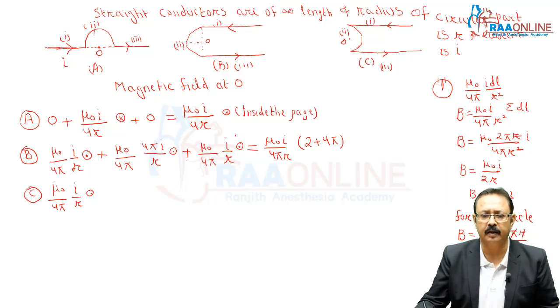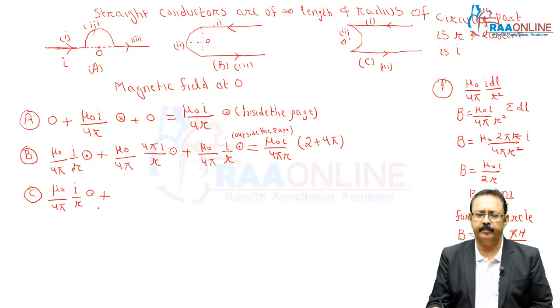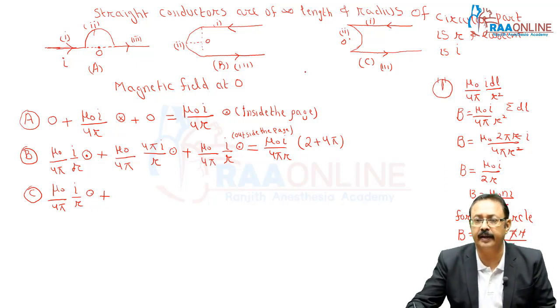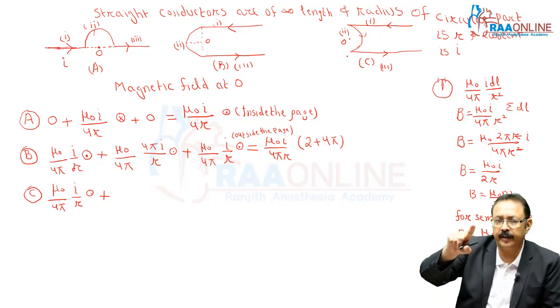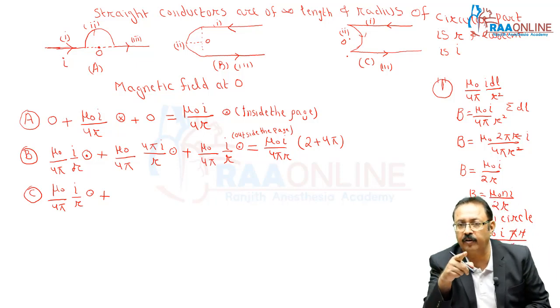Dot means outside the page. Second, the magnitude is same, but what is the direction now? Now current is moving in clockwise direction. In that case it was anti-clockwise.